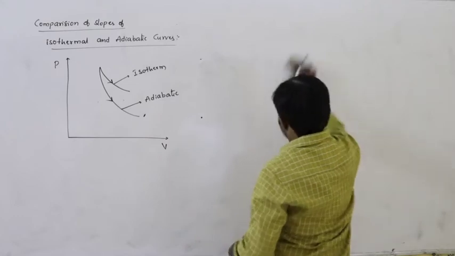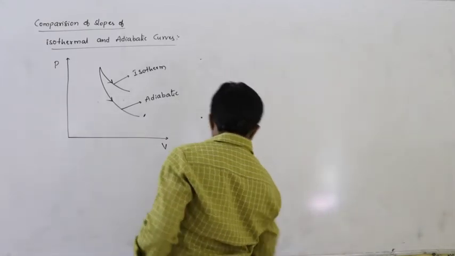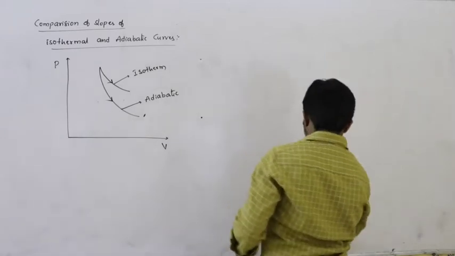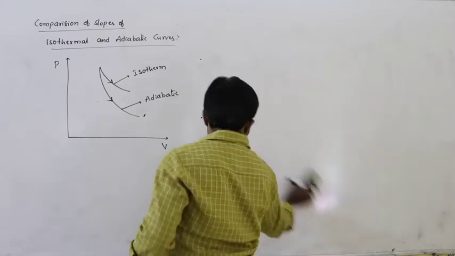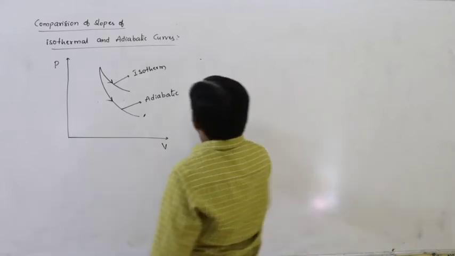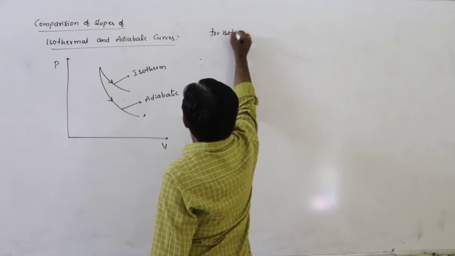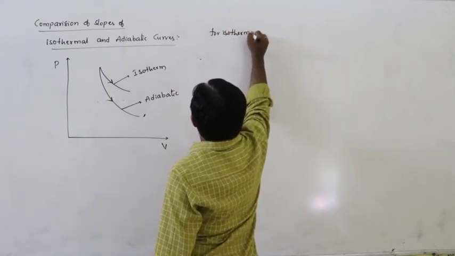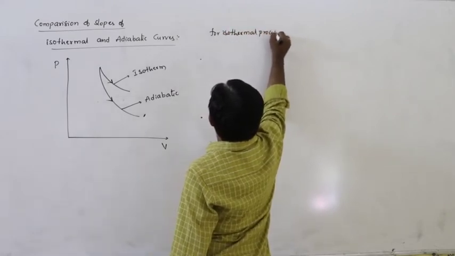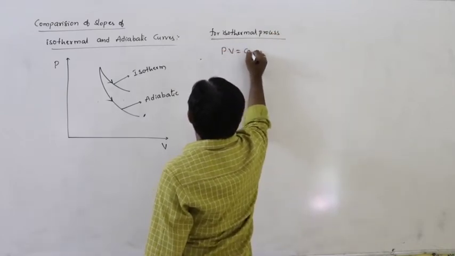How can you do that? For the isothermal process, we know PV is equal to constant.